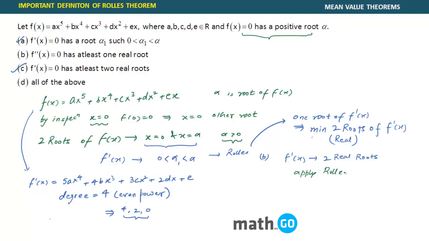So the derivative of f dash x, that is f double dash x, will have at least one root lying between the two roots of f dash x. So that means option B is also true. That means this is the net answer, that all of the above are correct.